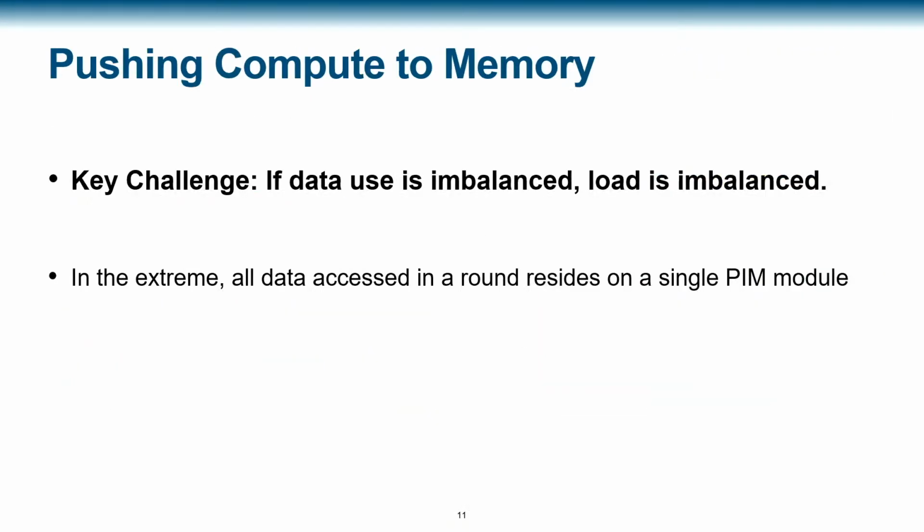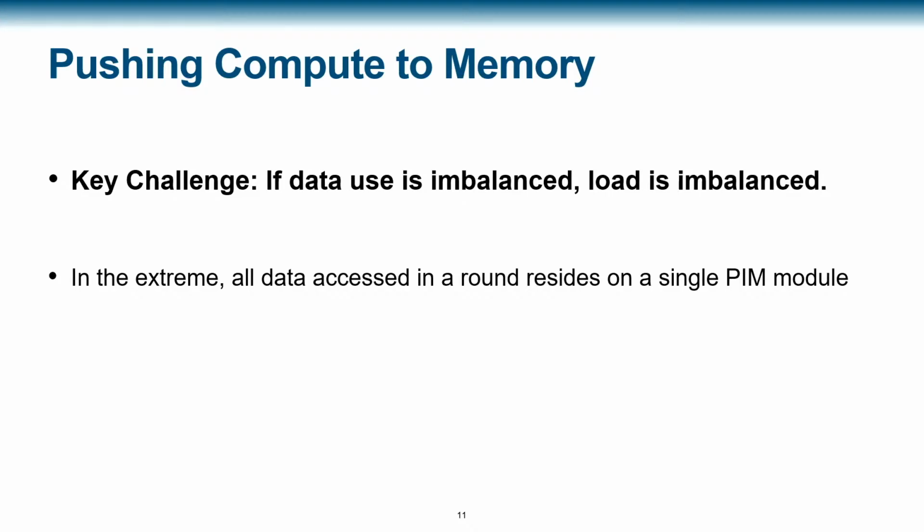So I touched on this when I ran through the key takeaway slide. The nice thing about pulling data to compute is that you don't really have to worry about whether the data use is skewed. In fact, it's helpful if it's higher in the cache hierarchy.